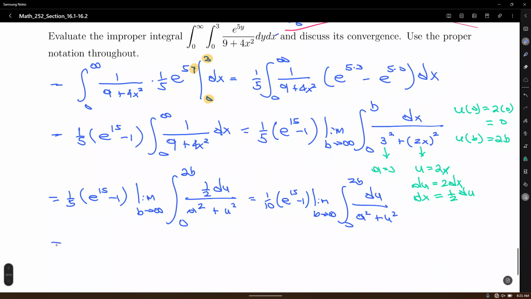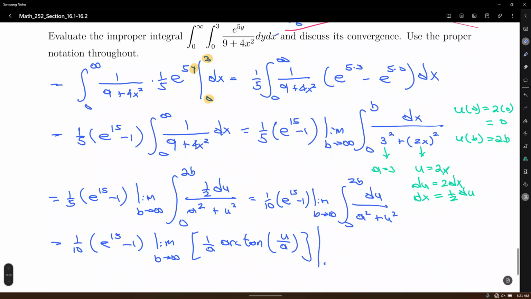Okay, let's write the whole thing. 1/10 e to the 15 minus 1, limit as b approaches infinity of 1 over a arctan of u over a, evaluated between 0 and 2b. As usual, let's back substitute for a and u, and then I'm going to do upper limit minus lower limit.